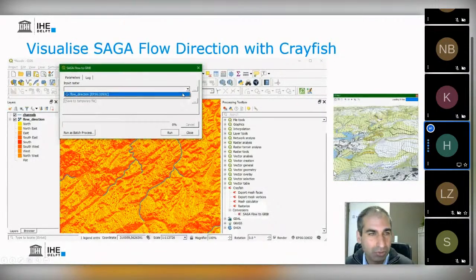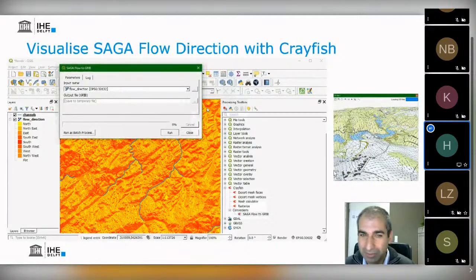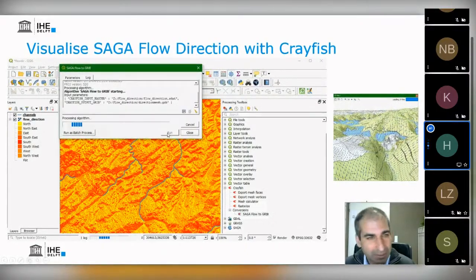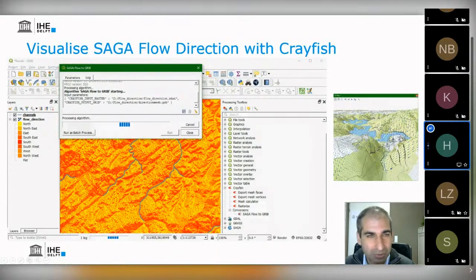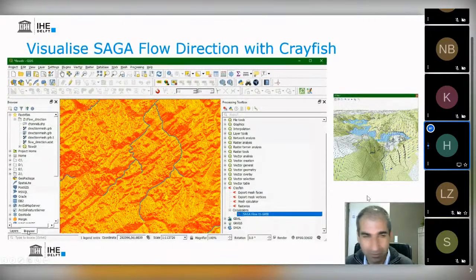So you can choose the flow direction from SAGA, export it to the mesh format, and then in the end you get this result. For the sake of time, because it took a bit longer, I'm going to skip this animation, but you'll find it on my YouTube channel.